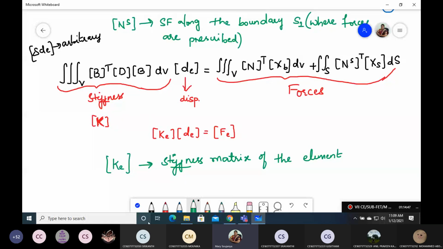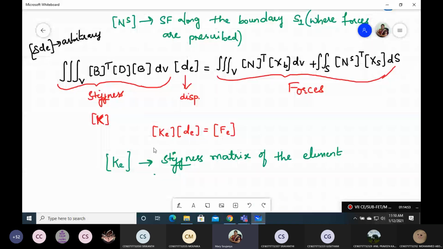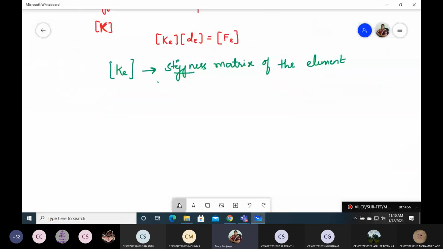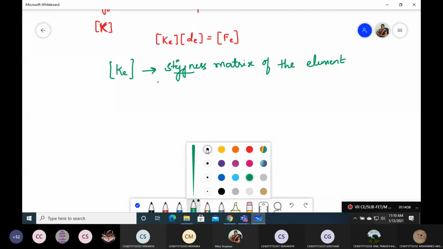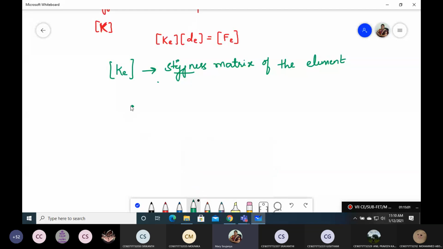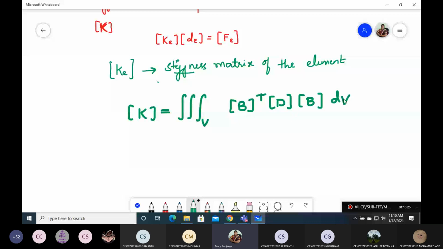What is that stiffness matrix of the element from the equation? Let me write it down clearly. K is equal to integration with respect to V of B transpose D matrix B matrix into dV.